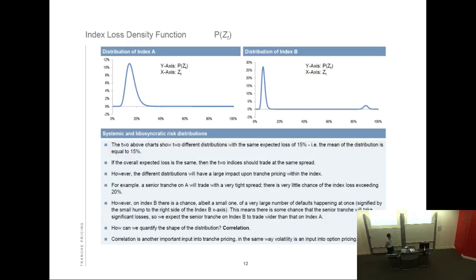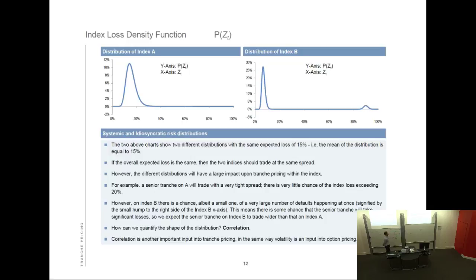Now, what's the most important concept with which we want to move between a distribution that looks more like the left one versus one that looks more like the right one? For that we use correlation. Right? And correlation in tranche pricing plays pretty much the same role as volatility in options pricing.